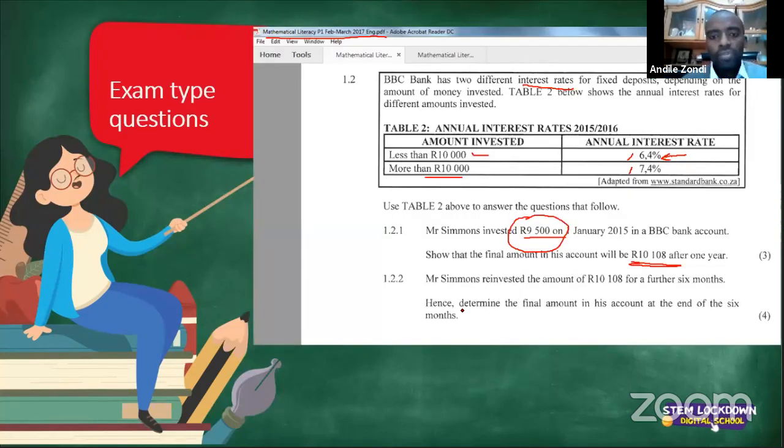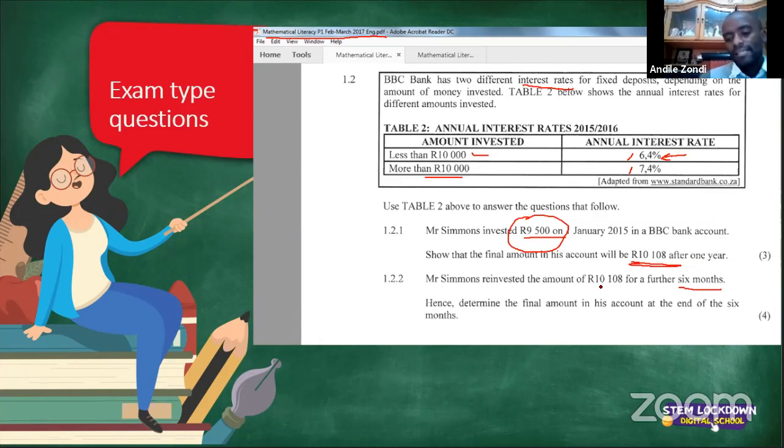Question 1.2.2. It says, Mr. Simmons reinvested the amount of 10,108 for a further 6 months, right? Okay, now they say hence determine the final amount in his account at the end of 6 months.